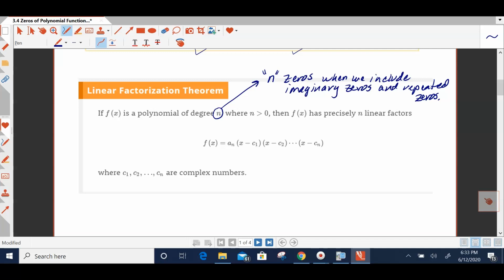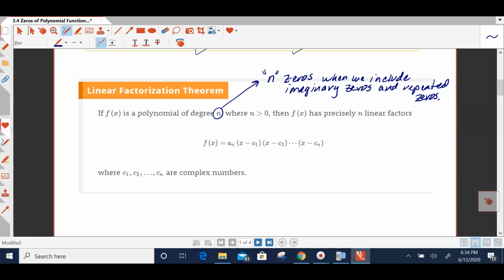And if you remember, every zero has a factor associated with it. So if I have a polynomial of degree n, it can be expressed precisely using n linear factors. And so this is the linear factorization theorem. And they're saying that some of these zeros can be complex numbers, such as an imaginary number.